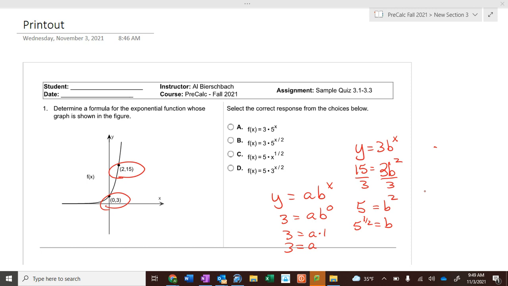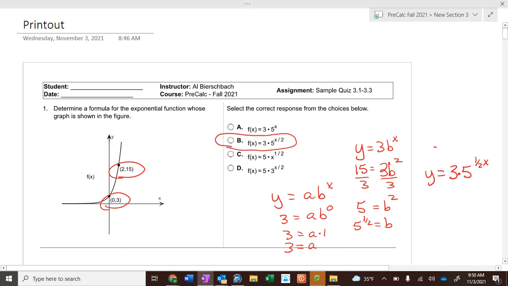So b equals 5 to the 1/2. So y equals a times b to the x, which is 3 times 5 to the 1/2 x. Okay. Which one is that? B. 3 times 5 to the x over 2.